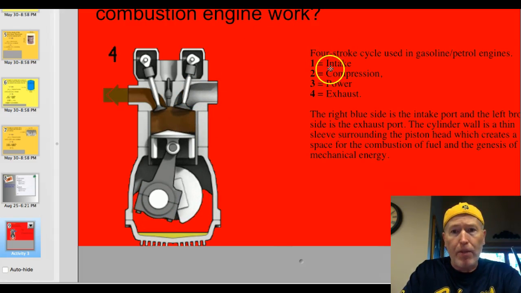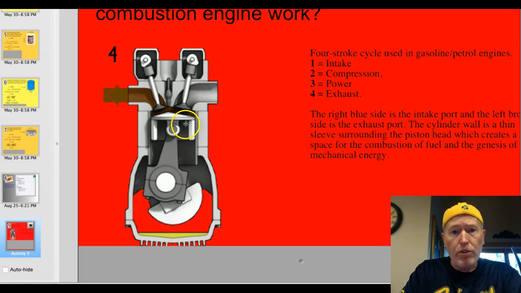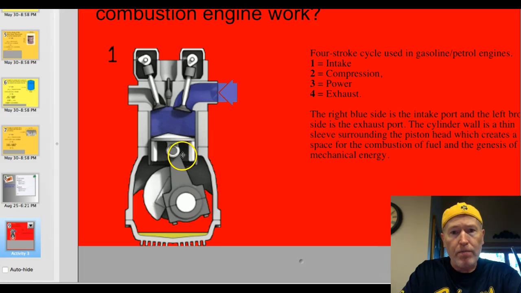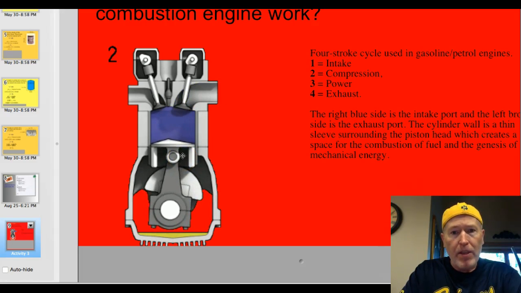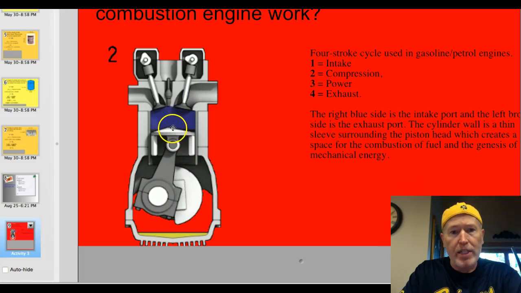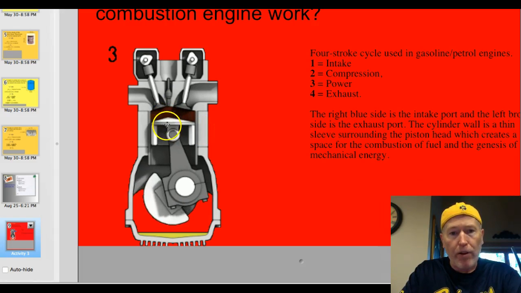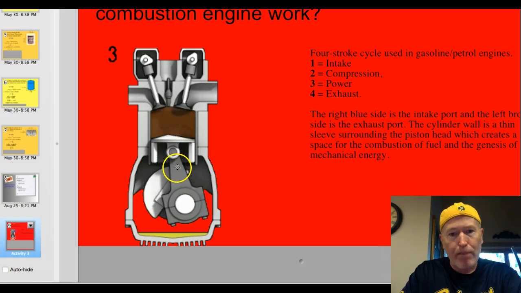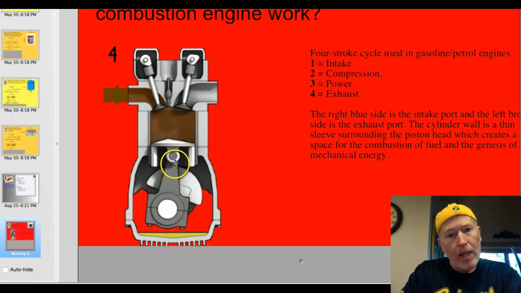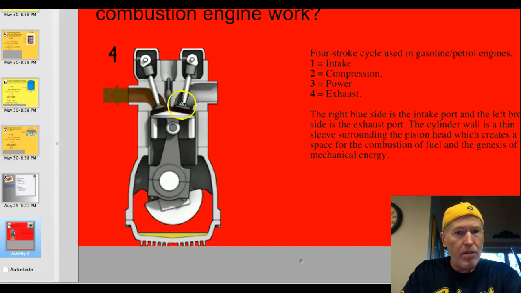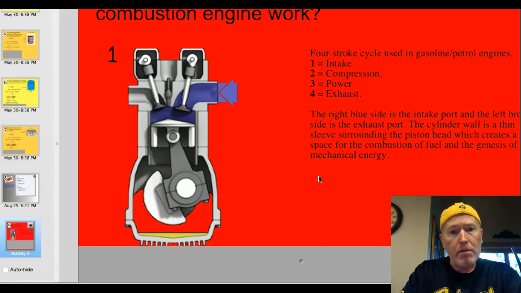Now we're going to pick it up on the first cycle here, where the cylinder is going to draw down and it's going to draw in a mixture of gas and oxygen, and now it's going to come up. This is the compression. It's going to squeeze that, and this is going to fire. Boom! That spark plug fires, and it pushes it back down here. That's the power stroke. And then this coming back up, this pushes the exhaust out, and then repeats.